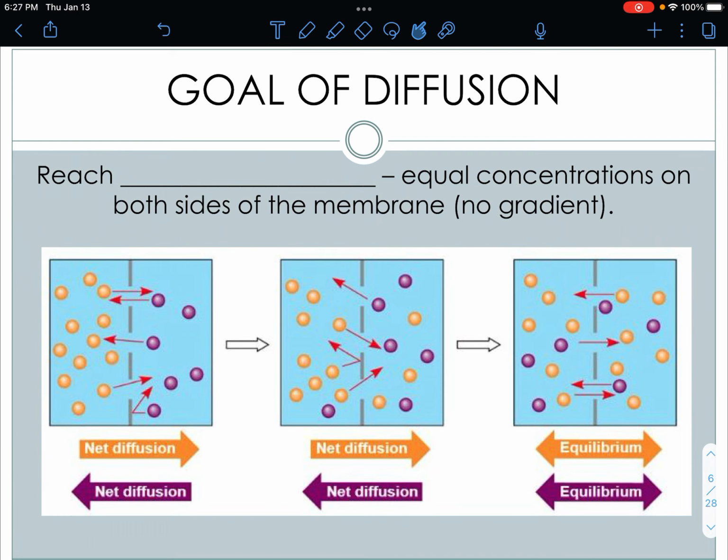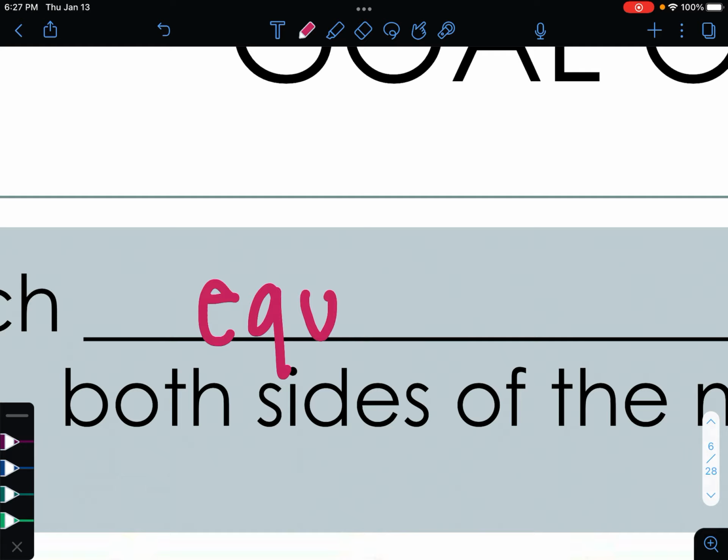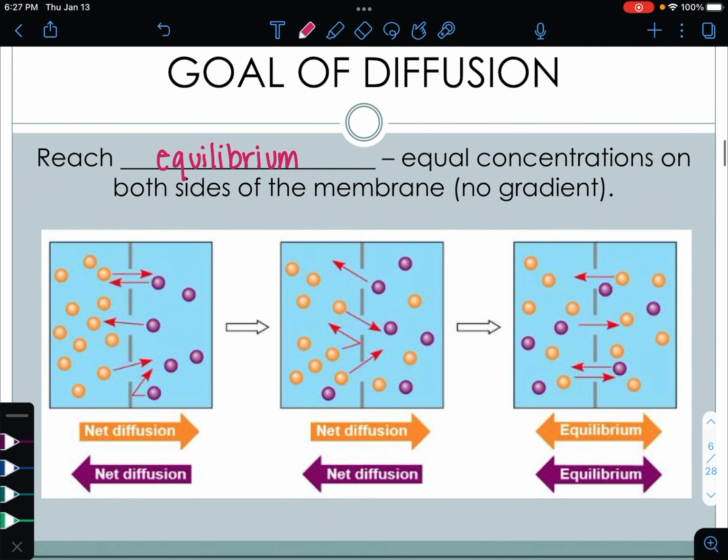All right, the goal of diffusion. The goal of diffusion is to reach what's called equilibrium. Okay, so equilibrium is when there's equal concentrations on both sides of the membrane, so there would be no gradient here since both sides are the same.